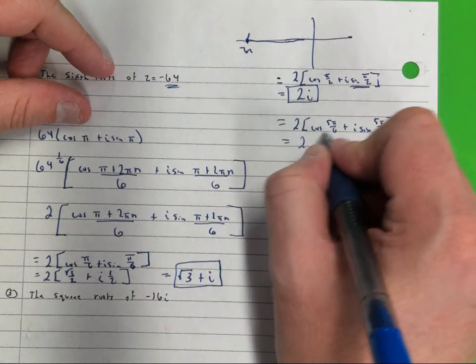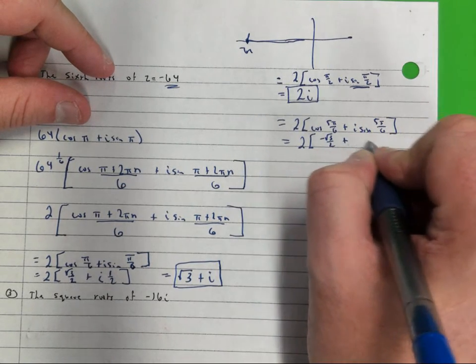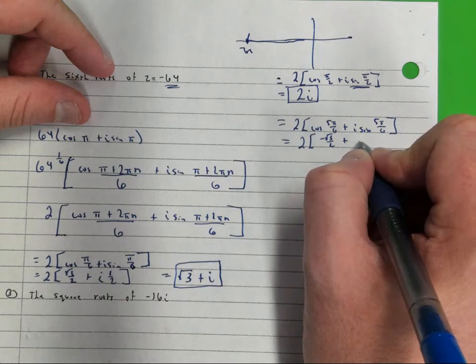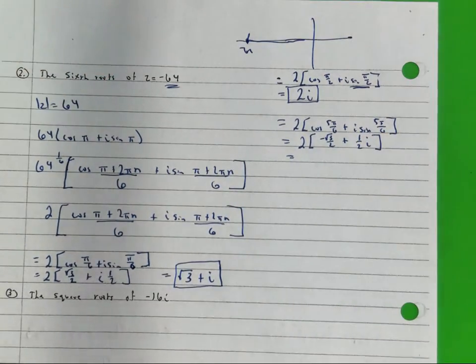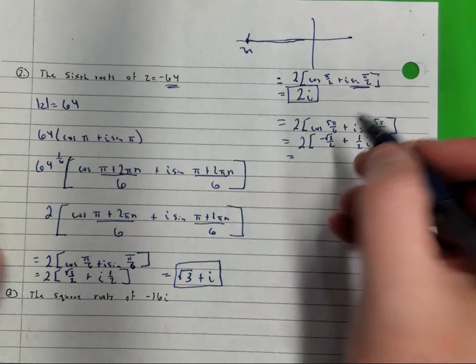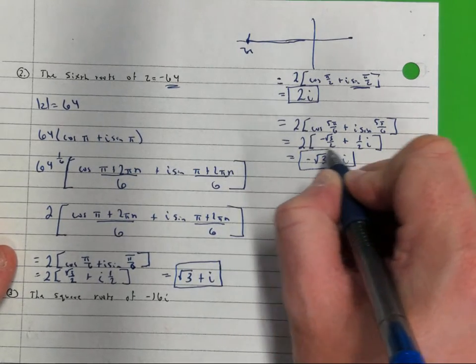Okay. Cosine of 5 pi over 6 is negative root 3 over 2 plus sine of 5 pi over 6 is 1/2 i. If I was to distribute the 2, what would happen to that 2 and that 2 in the denominator? Cancel, so you got negative square root of 3 plus i. There's your third answer. We're halfway there.